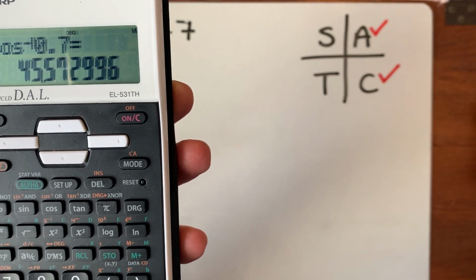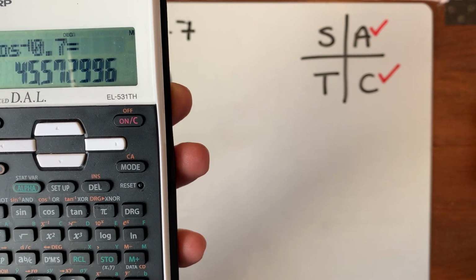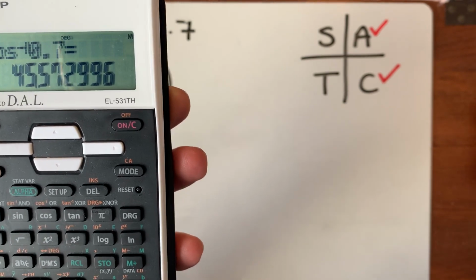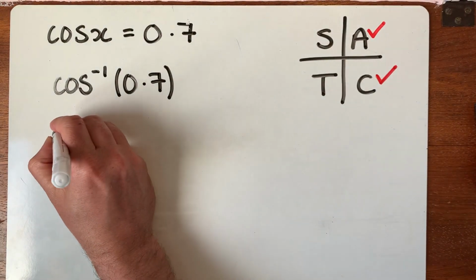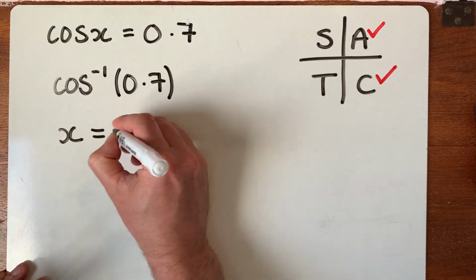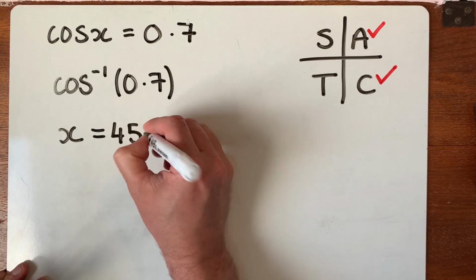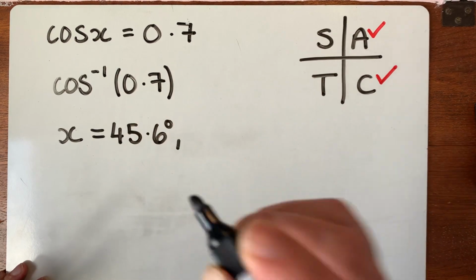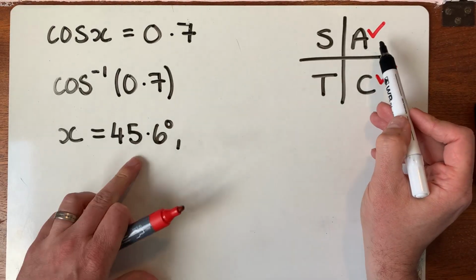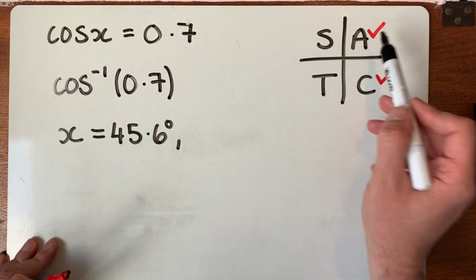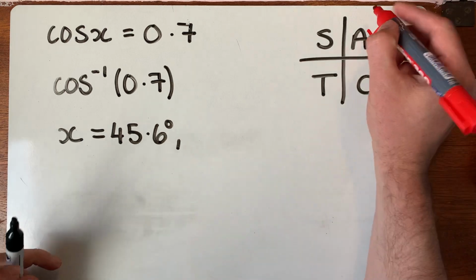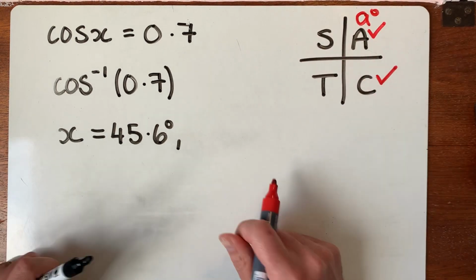This one's got lots of decimals, 45.572996. We're going to round that to one decimal place, so I'm going to go with 45.6 degrees. So x equals 45.6 degrees. And it's important to remember that I'm only writing down that x is 45.6 because I've got that first quadrant ticked. I want the answer that I get in my calculator, this A degrees.